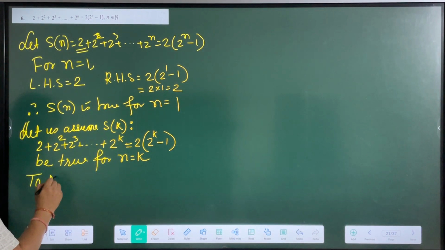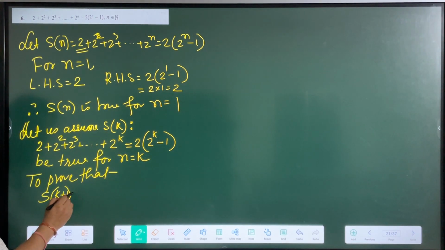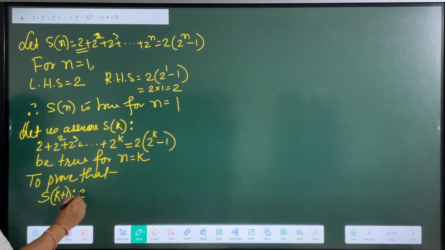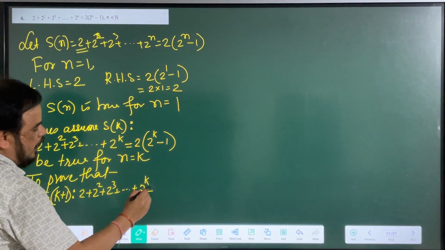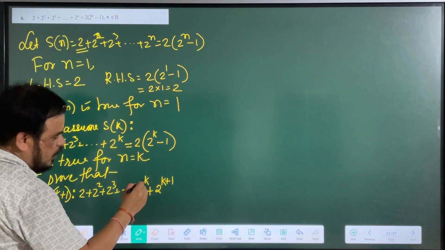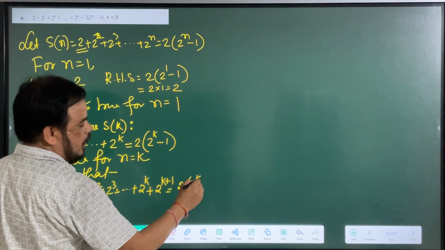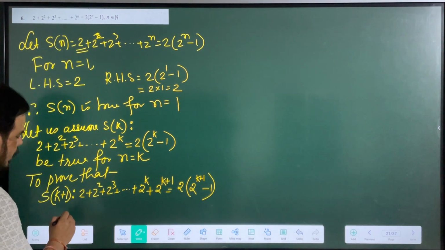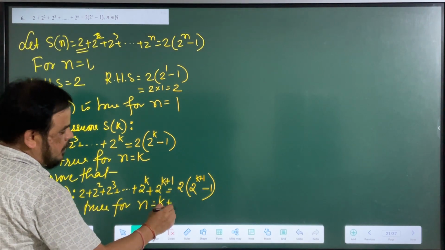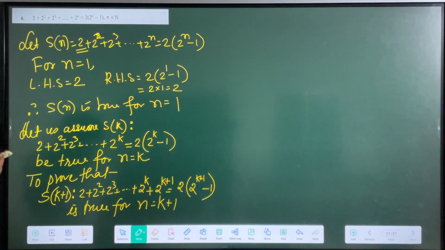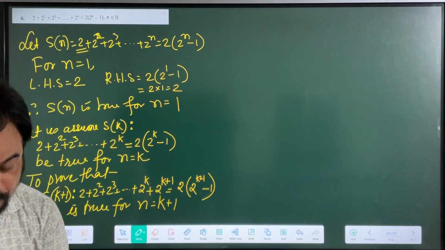Now to prove that S(k plus 1), what is S(k plus 1)? 2 plus 2 square plus 2 cube plus 2 to the power k plus 2 to the power (k plus 1), equals 2 into (2 to the power k plus 1 minus 1), is true for n equals k plus 1.